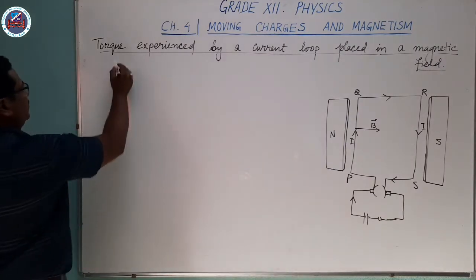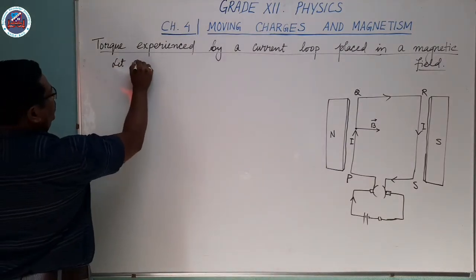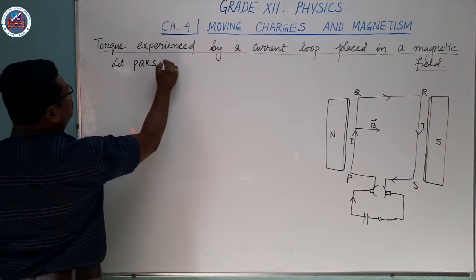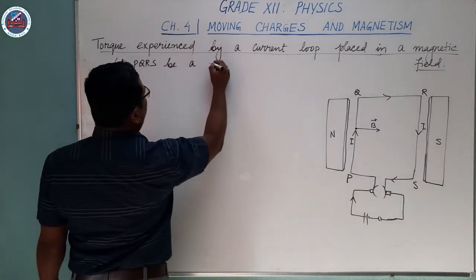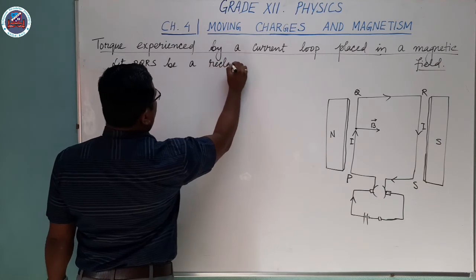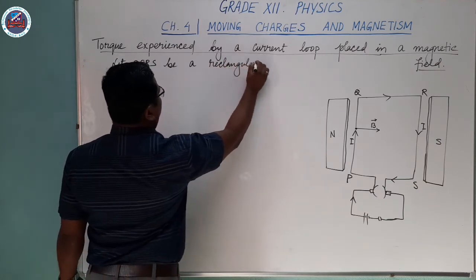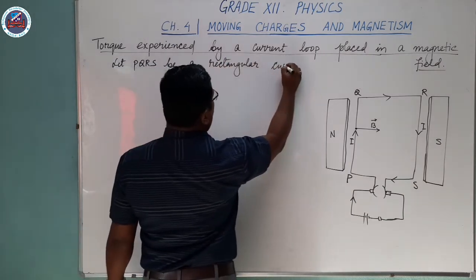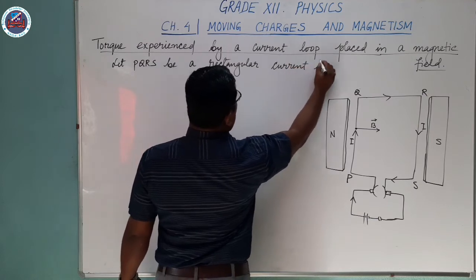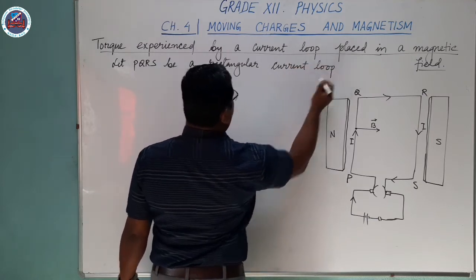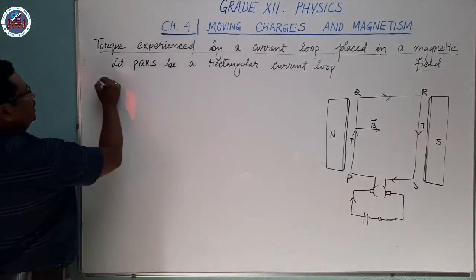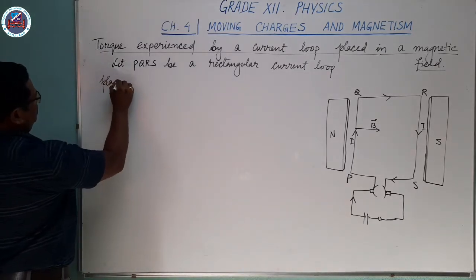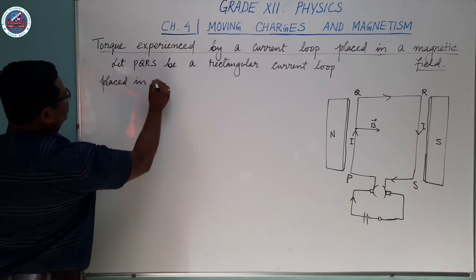Let PQRS be a rectangular current loop placed in a magnetic field.